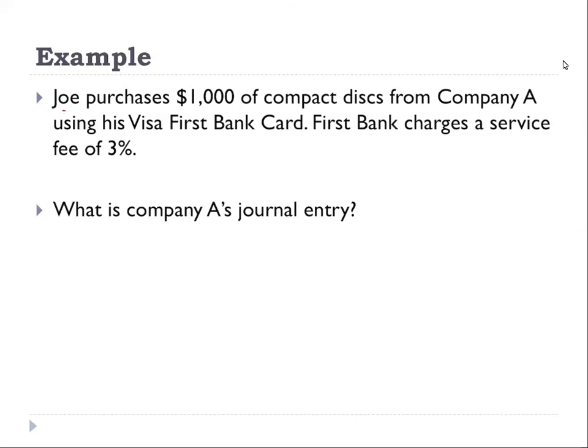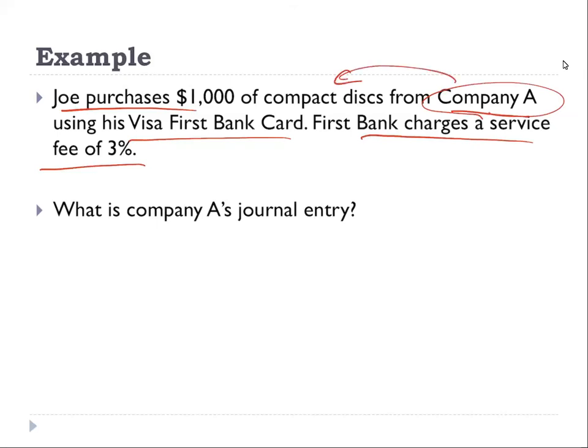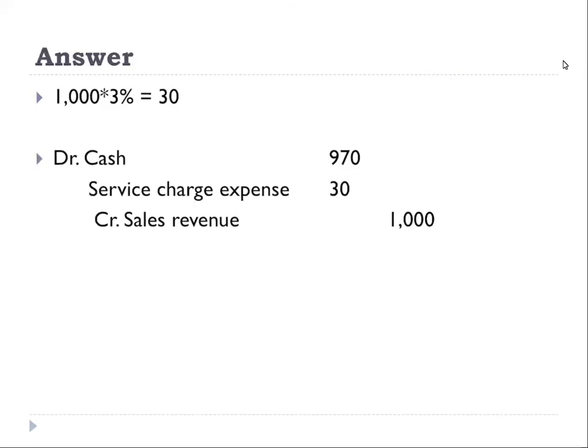Here's another example. Joe purchased $1,000 of compact discs from company A using its credit card. The bank charged a service fee of 3%. What is company A's journal entry? By sending these discs to Joe, company A is making a sale, so that's sales revenue for the firm, $1,000.